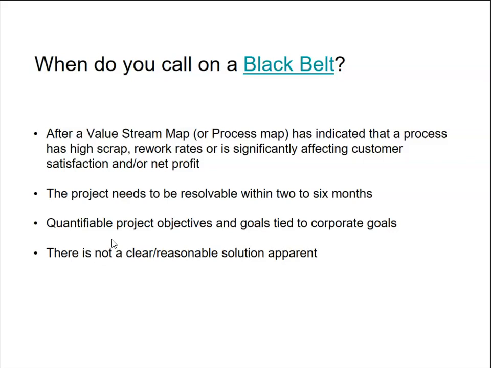The project needs to be resolved within 2 to 6 months, with quantifiable project objectives and goals tied to corporate goals, and there's not a clear, reasonable solution apparent. There should be a possibility of substantial savings of at least $175,000 for black belt projects, and they should be run between 2 and 4 months. Huge projects should be broken down into smaller chunks.